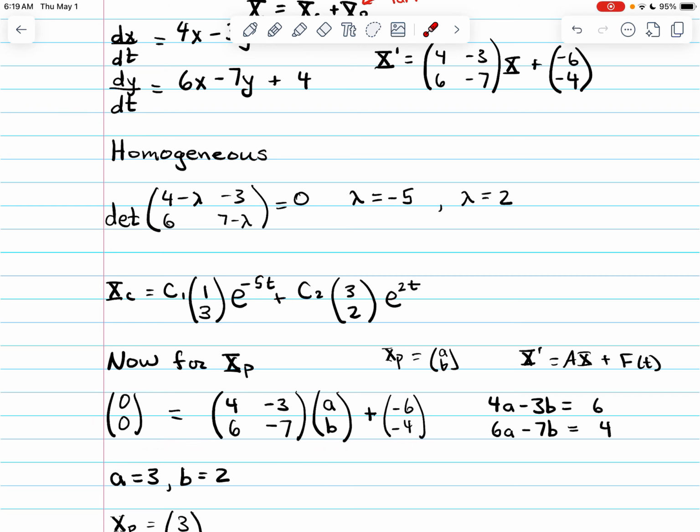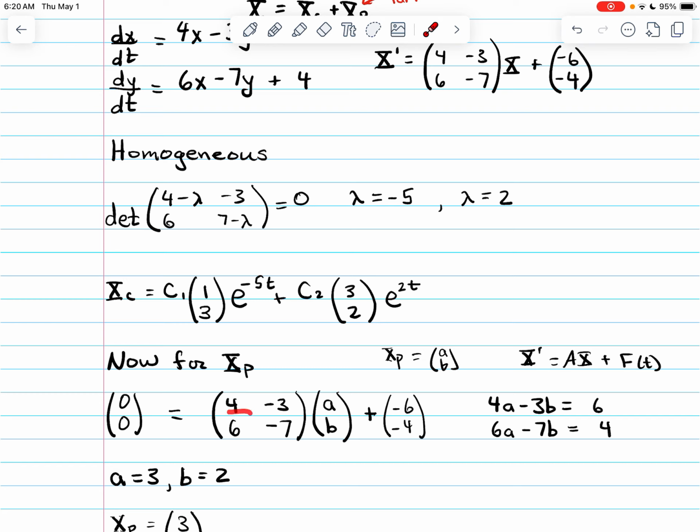Now, of course, what I'm doing is I'm taking this row times this column, this row times this column, and get 4a minus 3b equals 6. And then I take 6a minus 7b equals 4. It started off being 4a minus 3b minus 6 equals 0, but I just went ahead and moved the 6 to the other side.